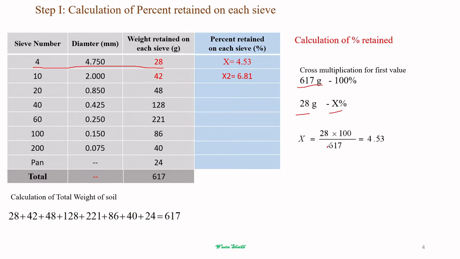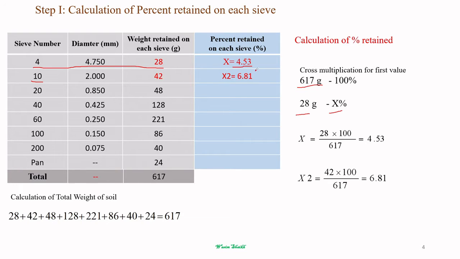When you do the cross multiplication, the first value x comes as 4.35. Similarly for sieve number 10, we again do the cross multiplication: 42 into 100 divided by 617, that is 6.81%. This is how we calculate percentage retained on each sieve.